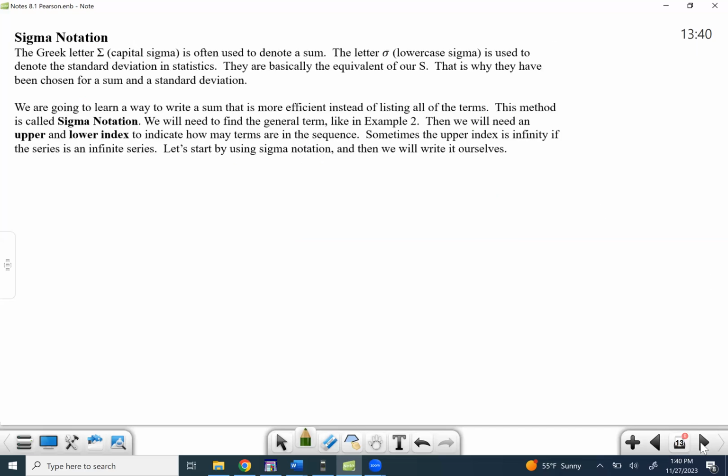All right, sigma notation. So you've probably seen this before. A lot of times it's used for sororities and fraternities. Or it's on Excel. If you open up your Excel, it'll be up in the top as one of the buttons you can click on. This is the Greek letter capital sigma, and it's used to denote a sum. The lowercase letter sigma looks like this, and that's used in math to denote the standard deviation in statistics.